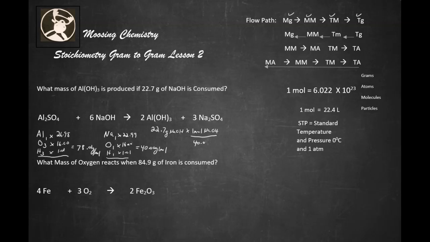So far, so good. Now to do the mole ratio. The mole ratio is going to be 6 moles on the bottom, and of course 2 moles on the top.